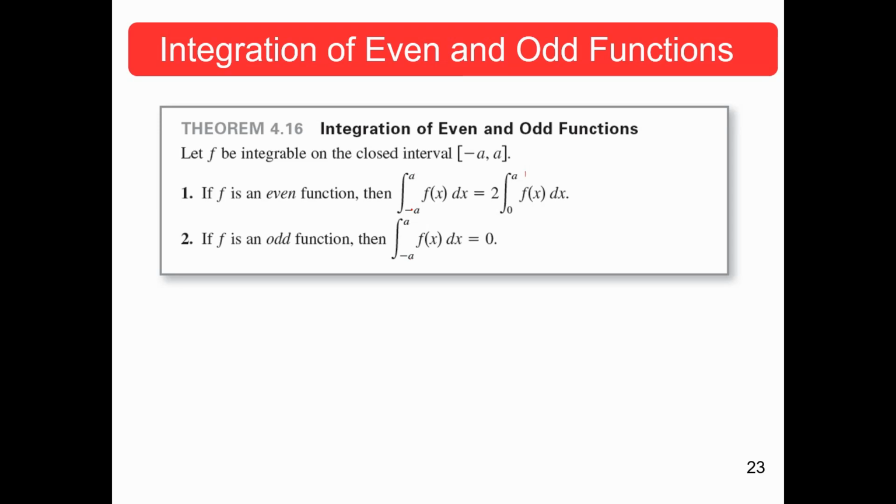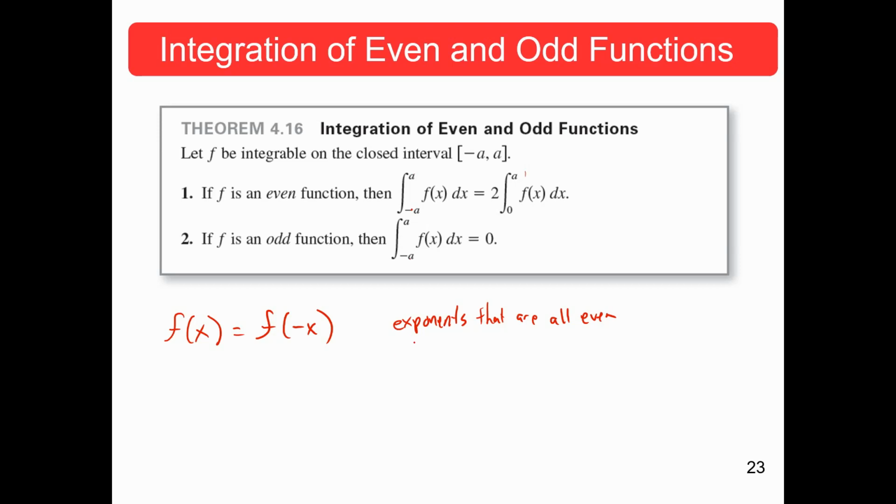So the question is, how do we know if something is even or odd? Well, to be even, f of x has to equal f of negative x. So if I plug negative x in and I get the exact same thing, I know it's even. This is things like exponents that are all even.